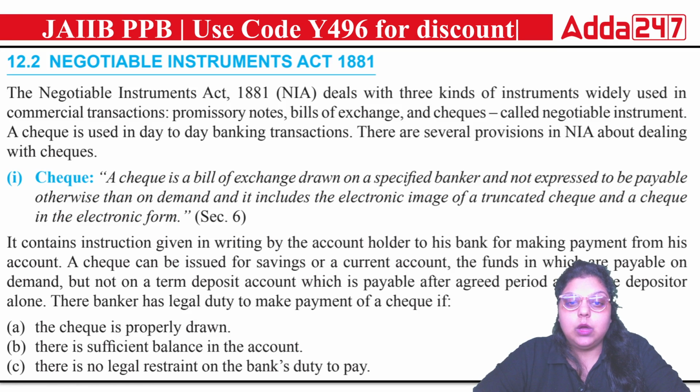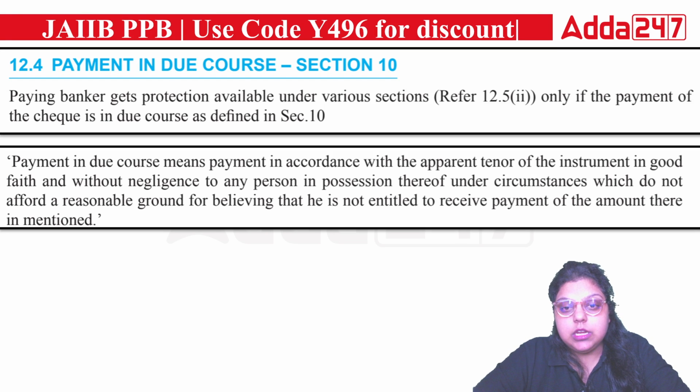Now section 10 talks about payment in due course, which says that the paying banker gets the protection available under various sections only if the payment of the check has been made in due course. So payment in due course means that the balance, the details of the check and the validity of the check were all okay and the bank has made the payment. That's payment in due course.